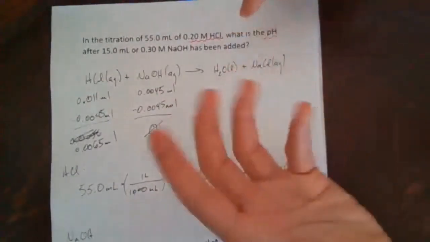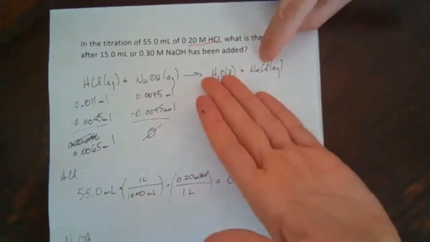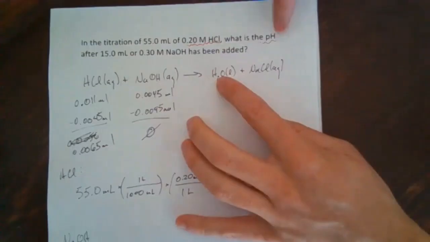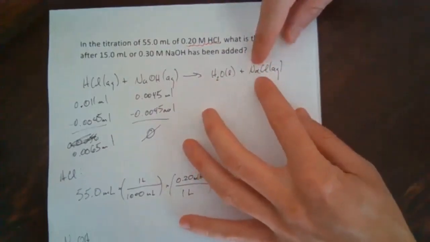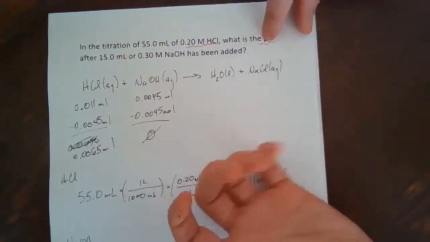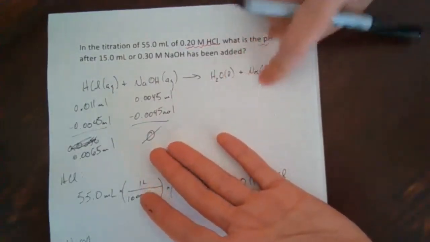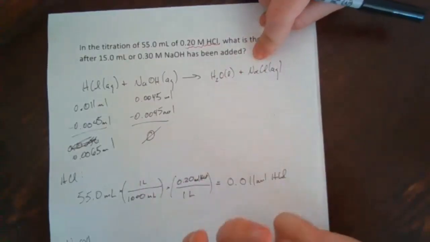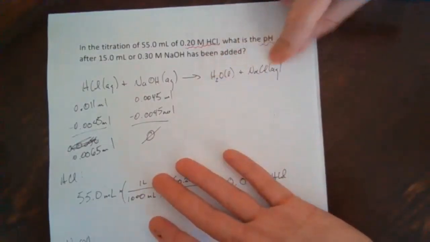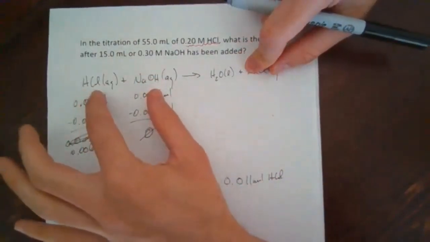If we look over here, we can also predict the moles of H2O and NaCl, but H2O is neutral, so it doesn't affect the pH. NaCl, it's not an acid, it's not a base, so again, doesn't affect the pH. If these were acids or bases, we would need to account for those, and don't worry, we'll deal with that later. But for now, we just don't need to worry about this part because these are the only things that can affect the pH.